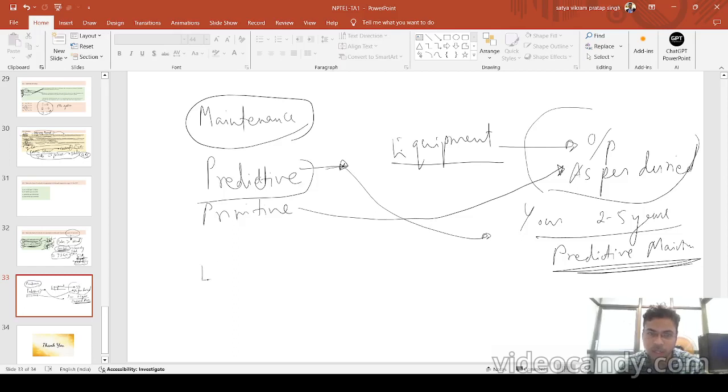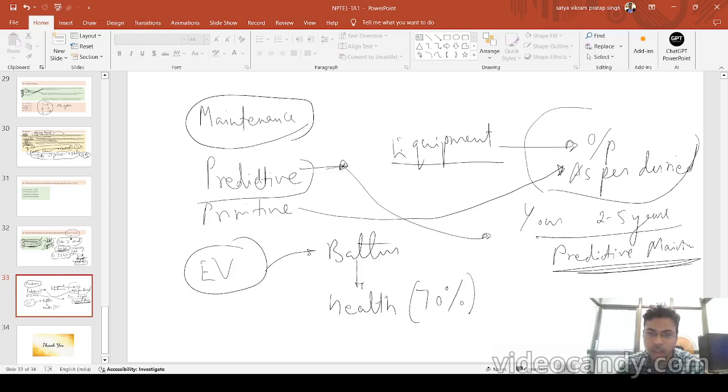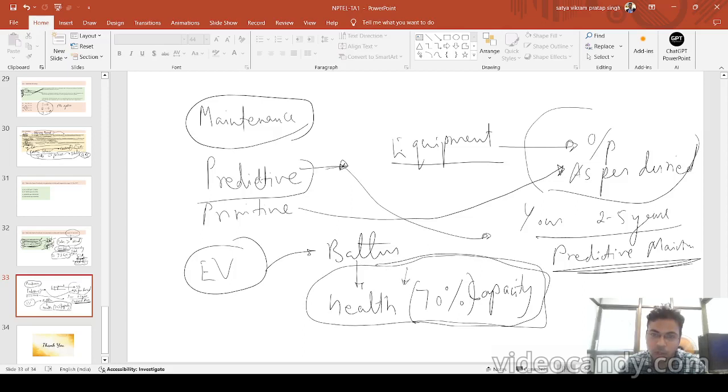Suppose I give one example of the EV also. An EV has a battery and the battery has a certain health, and you discard this battery when 70% of capacity is lost. So how will you know that it is coming to the 70% capacity level? This is done through predictive analysis, that over the last 5 to 6 years the battery health drops from 100 to 70%.